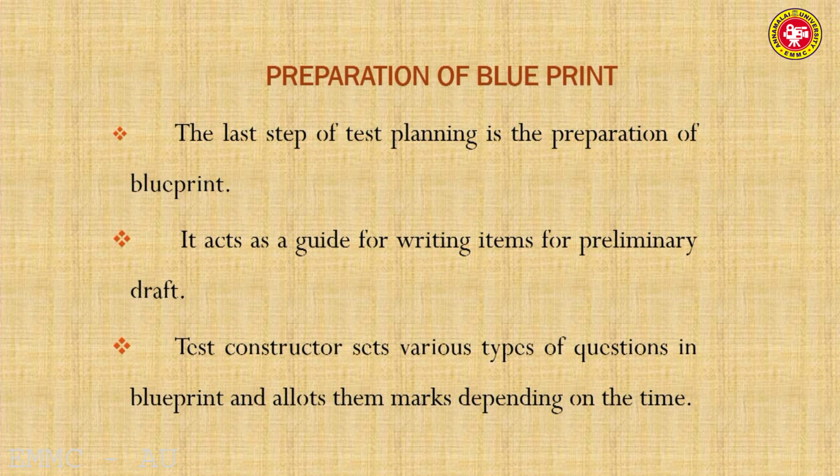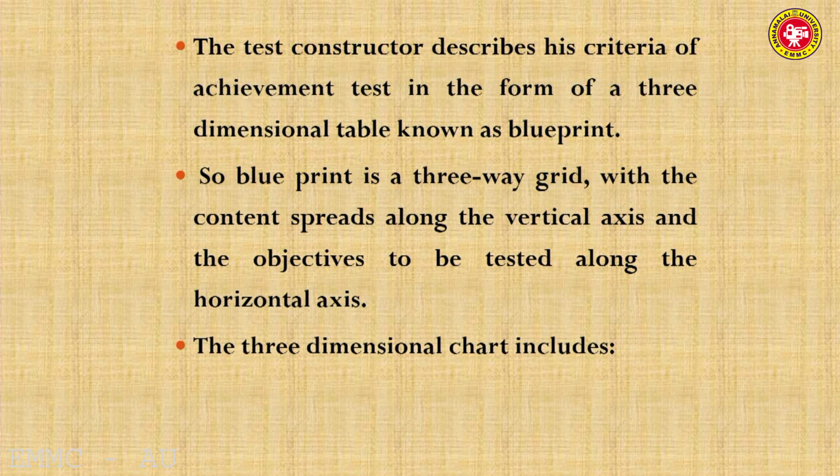Next we can see preparation of blueprint. The last step of test planning is the preparation of blueprint. It acts as a guide for writing items for the preliminary draft. The test constructor sets various types of questions in the blueprint and allots them marks depending on the time.